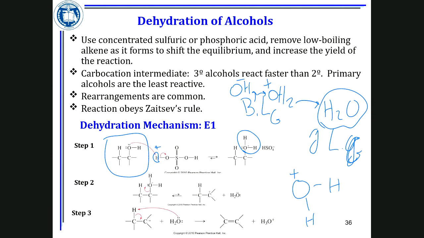I suggested two solutions before, and I said we will see this again. The two options: you remove H2O, and the plus charge is going to go to the carbon. The other choice would have been to remove the H plus, with the plus charge here. Those are the two options.